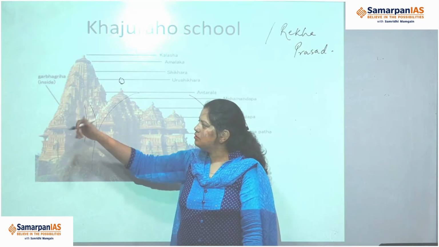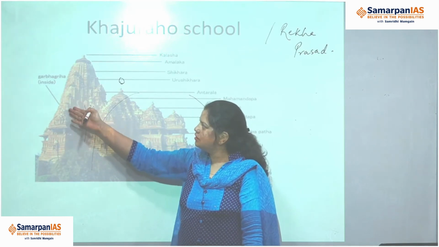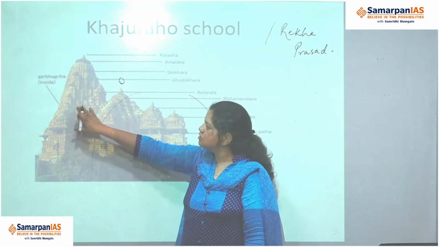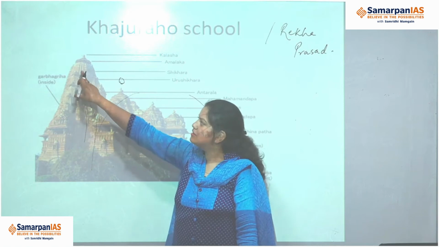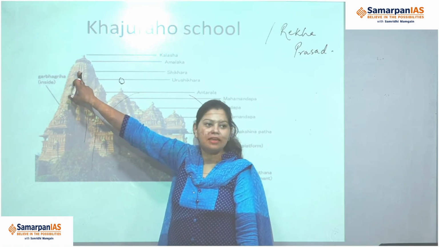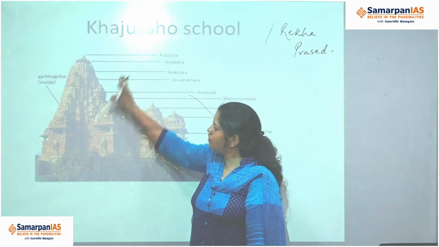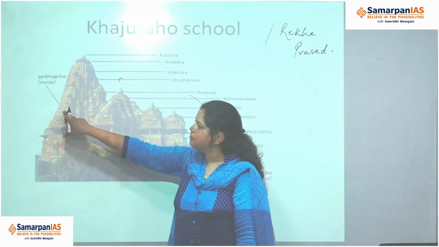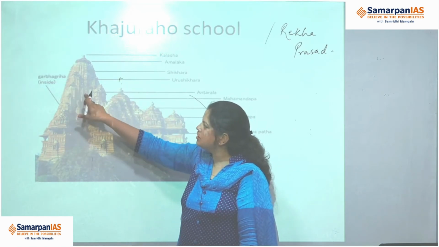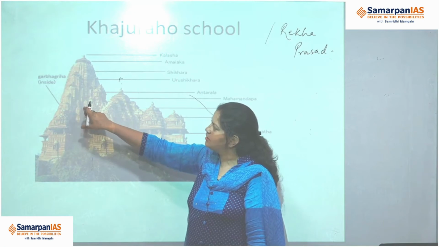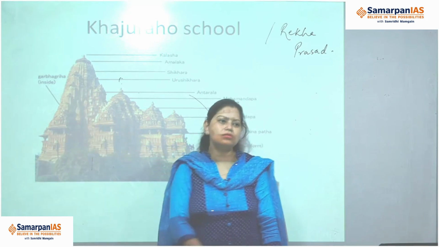So the idea is to give a feeling of a mountain. These are the small mountains, and this is the highest mountain, which is the Kailash mountain. This is how the temple has been built. You can see a cluster of towers. Small towers are there, built in a cluster. So this is what we wrote.